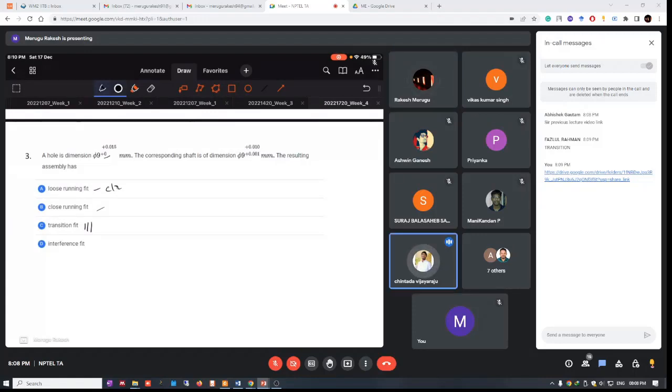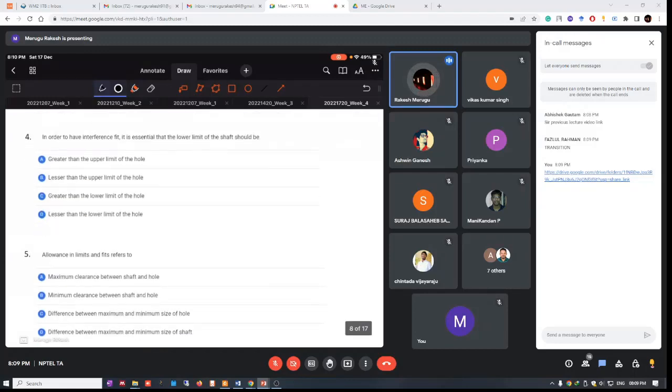It is the type of clearance fit having the closed tolerance grades. Something to do with the clearance fit. So let us move to the next question. Before that, I have pasted the drive link. You can have a look.